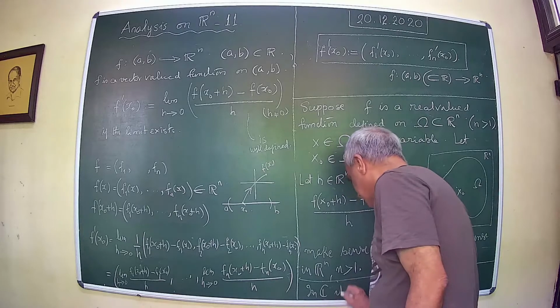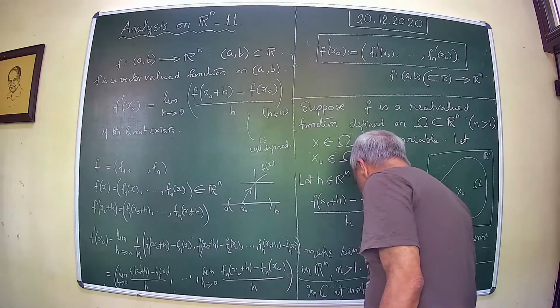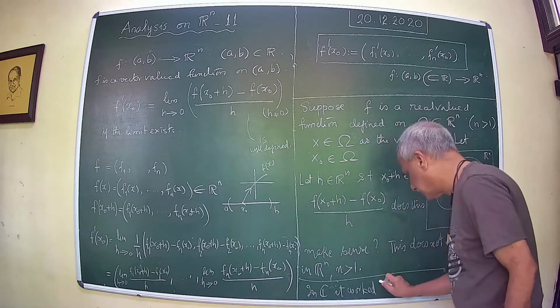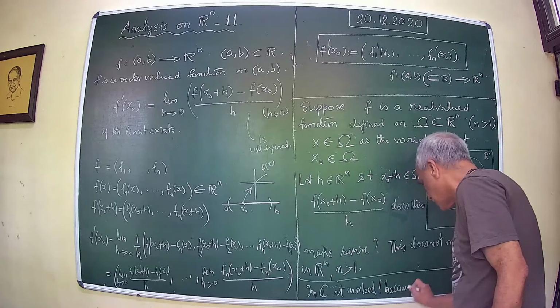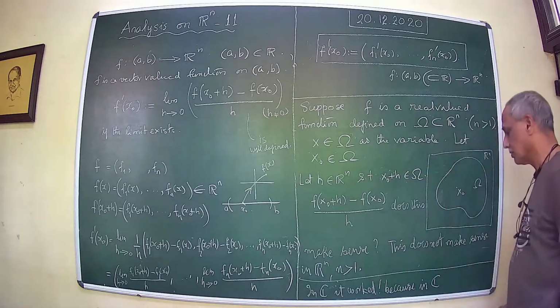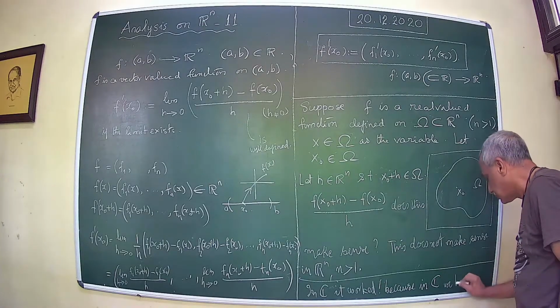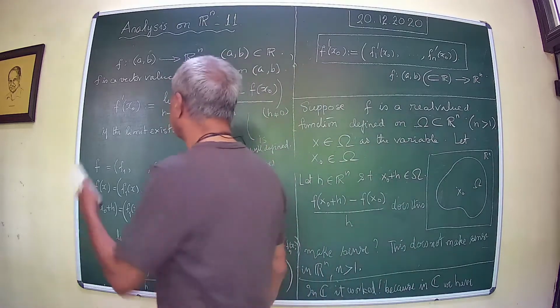It worked. But why? Because in C we have division by non-zero complex numbers possible.